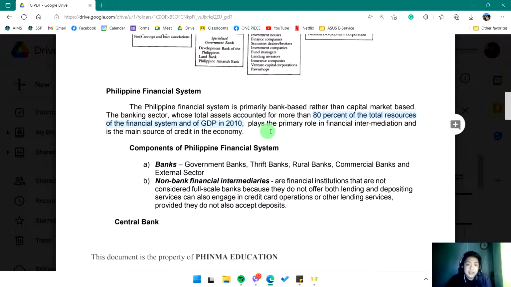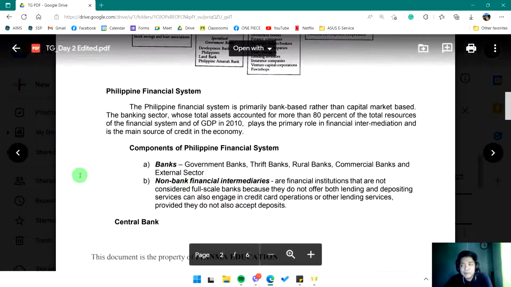So really, it plays a primary role in financial intermediation and is the main source of credit in the economy. Our financial system is the one who saves us in terms natin, and they really typically run our economy. So basically, how the bank operates makaka-apekto po sa financial system ng ating bansa.